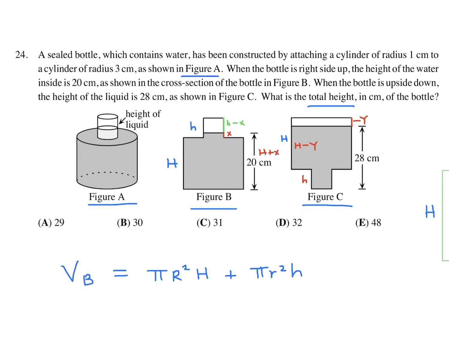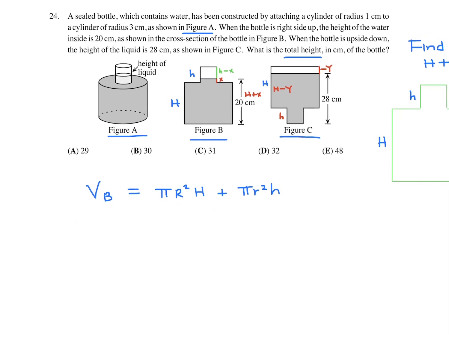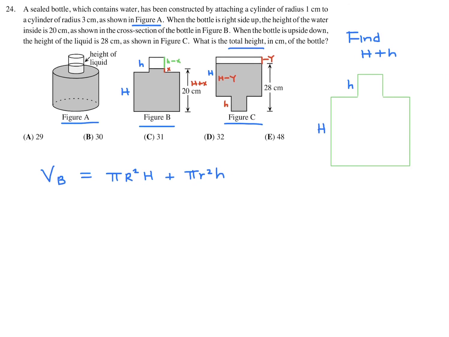So let's solve for this here. So we have pi r. The big R they tell you is 3. So 3 squared. H, of course, we don't know yet. The little r is 1. So that's 1 squared. And the small h we don't know yet.